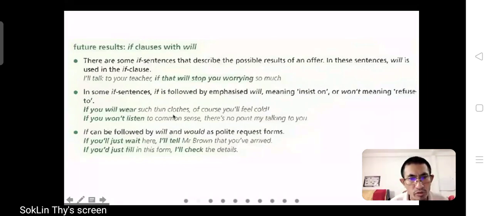Mainly we do not use will in if clause, but remember, when you use will in if clause there's a meaning. The first meaning is about one possible result of an offer. The second meaning, when you use will in if clause, you mean insistence, and when you use will not or won't, you mean refuse to. You see, if you won't listen to common sense, there's no point my talking to you.